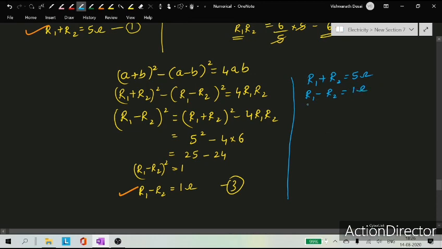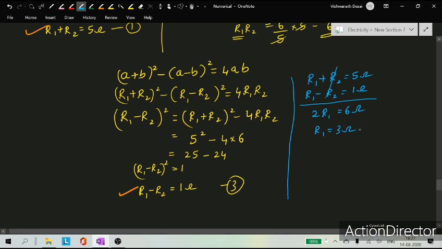Solve, simplify, so these two will be cancelled. If you add them, 2R1 is equal to 6 ohm. R1 is equal to 3 ohm.